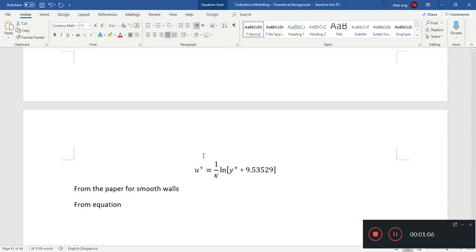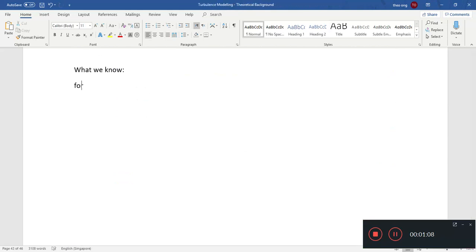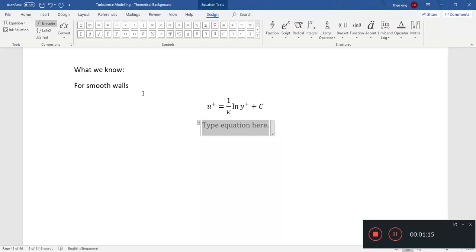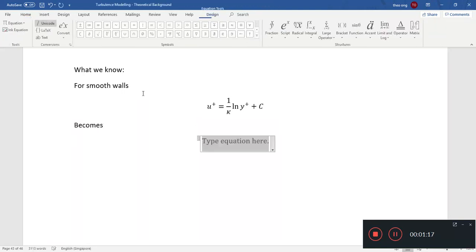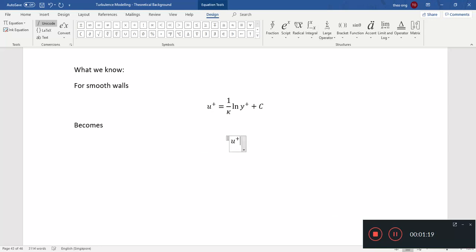It combines this c, for smooth walls, into the equation here: u plus equals 1 over kappa ln of y plus times some value e.